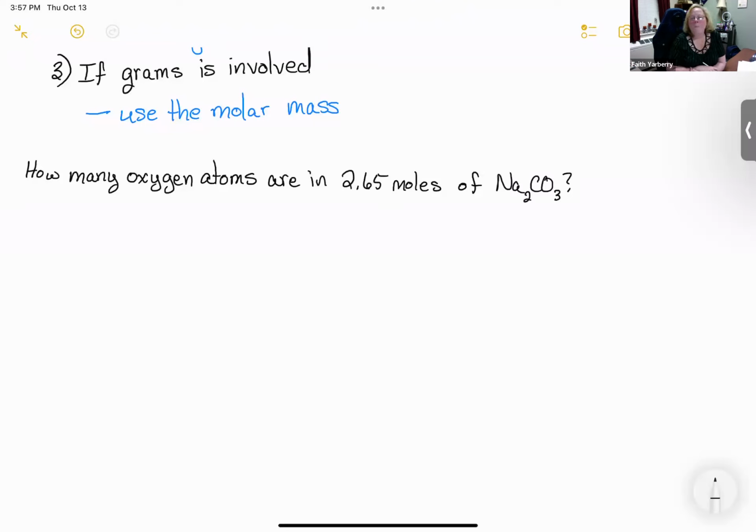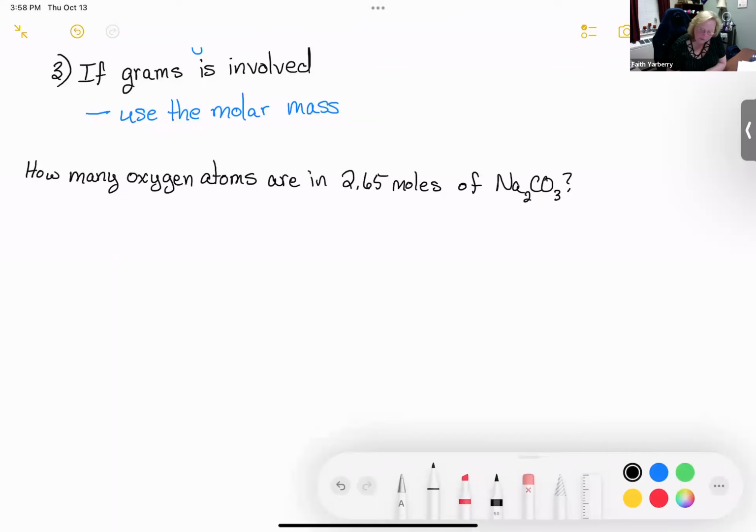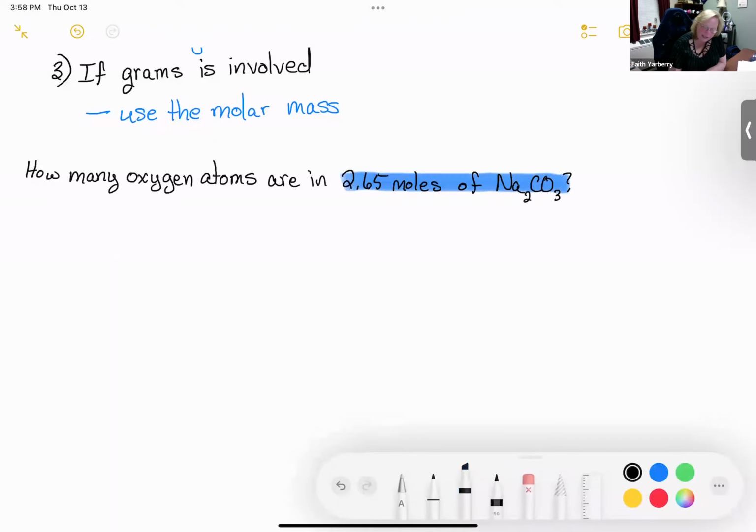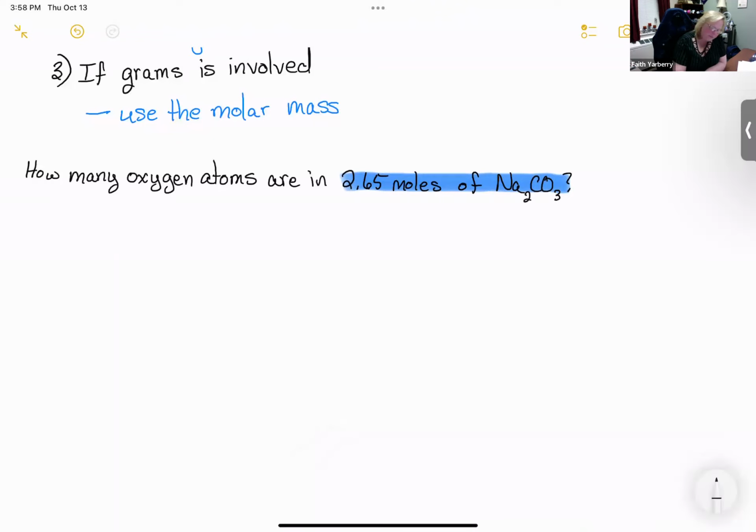Okay, so back at the beginning of the semester when we were doing dimensional analysis, the first thing I told you to do is to identify what you were given. In this particular case, I am given 2.65 moles of sodium carbonate. That is my starting point.